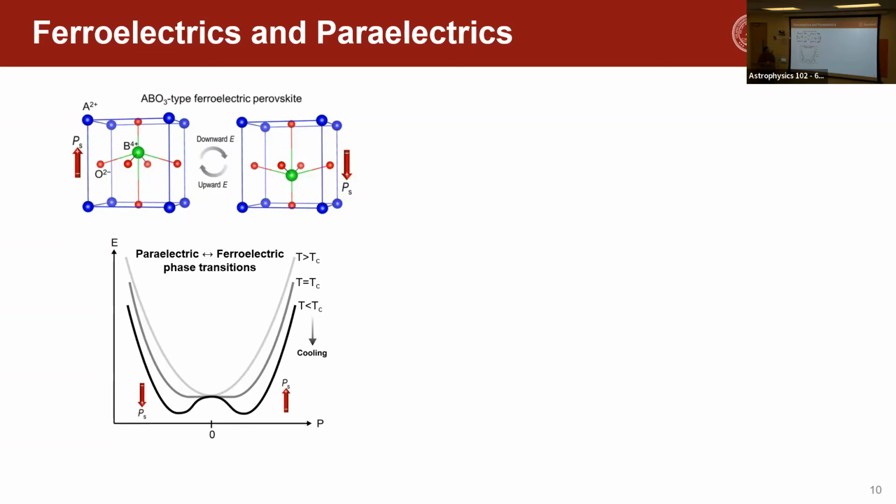So when we are above this phase transition, we see that there is this quadratic looking potential about zero polarization, where really the amount that you can change the polarization depends on the specific material properties that you're looking at.